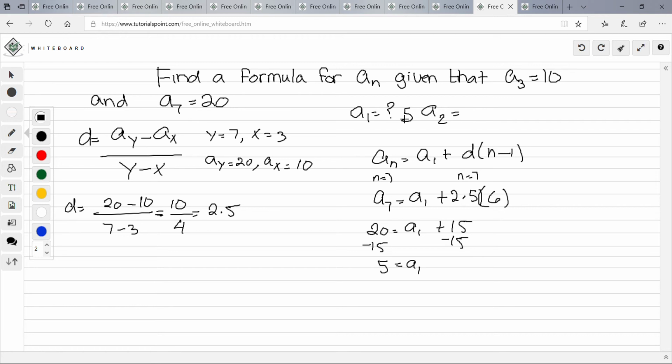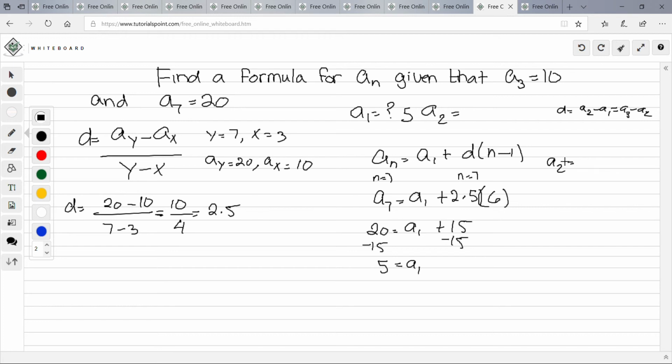The reason I have to find A1 and A2 is to figure out if it really is arithmetic. Remember, arithmetic means A2 minus A1 equals A3 minus A2. So our next step is to find A2, which is really simple.